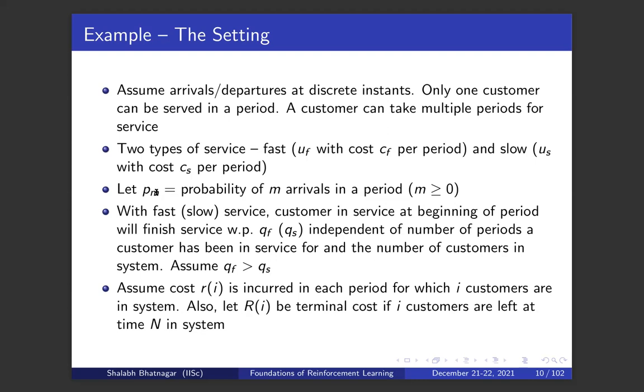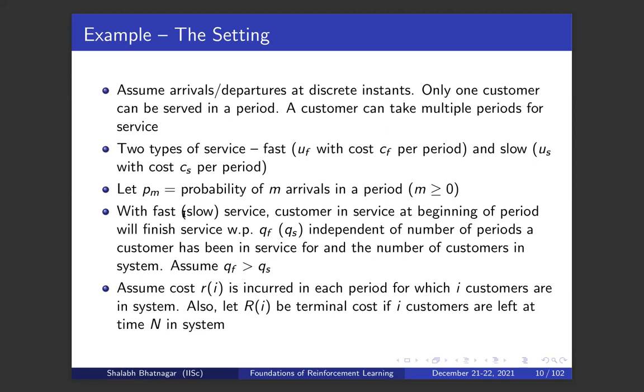Now let's assume that PM is the probability of M arrivals during a period. Let's also assume that when you are using fast service, the customer in service at the beginning of a period will finish service by the end of the period with probability QF. This is independent of the number of periods that a customer has been in service for and the number of customers already in the system.